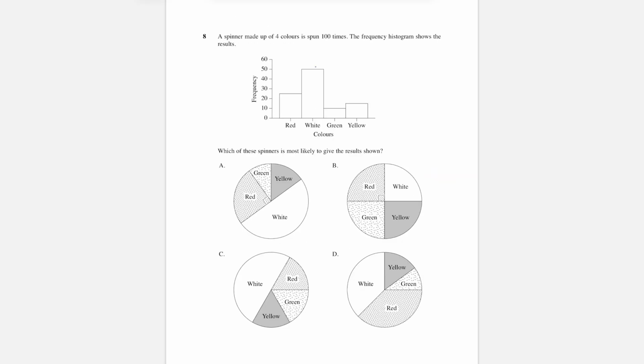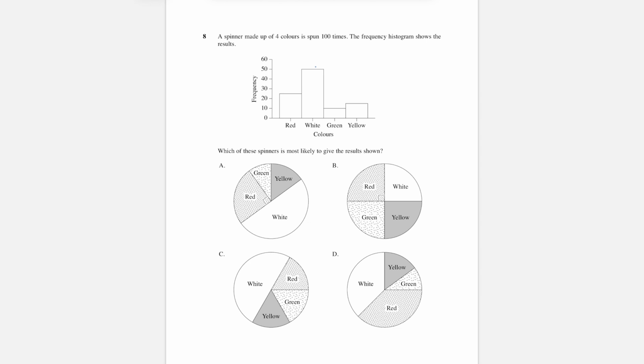All right, a spinner made up of 4 colors is spun 100 times. The frequency histogram shows the results. Which of these spinners is most likely to give the results shown? So the first thing is looking at our 4 spinners. The one that looks the most different is the white segment.